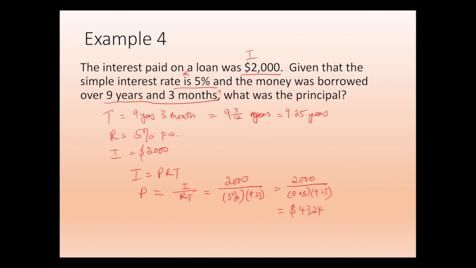And that equals, from my calculator, 4324.324324. We should round it to 2 decimal places, which is 4324.32. So that was the principal. This is how you calculate it. This is the end of the lesson.